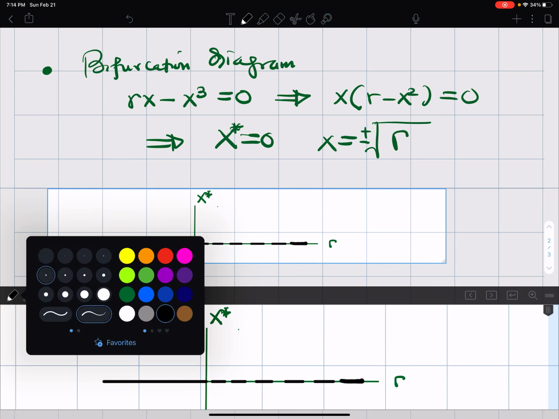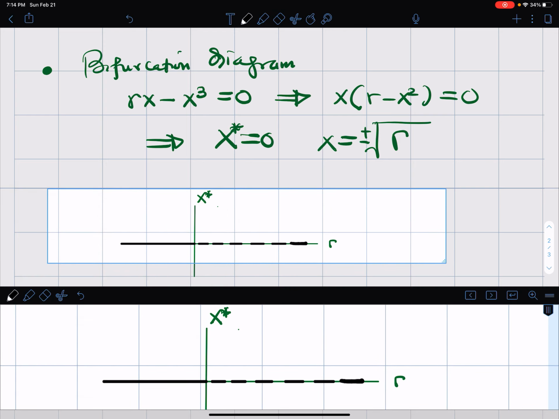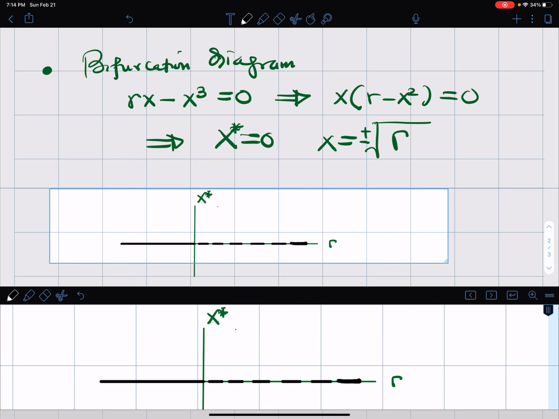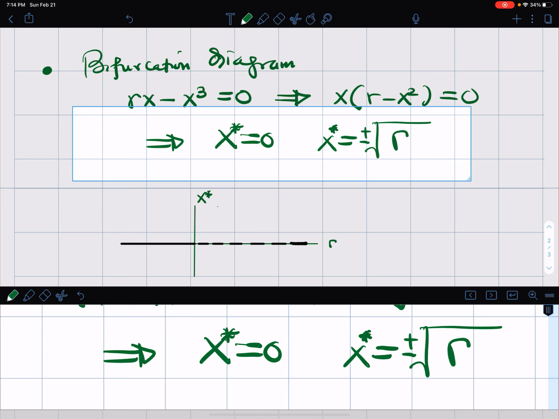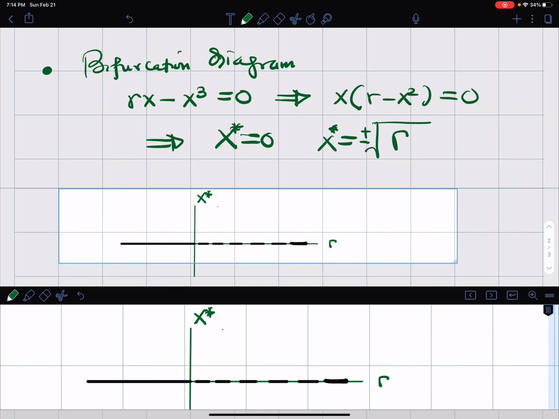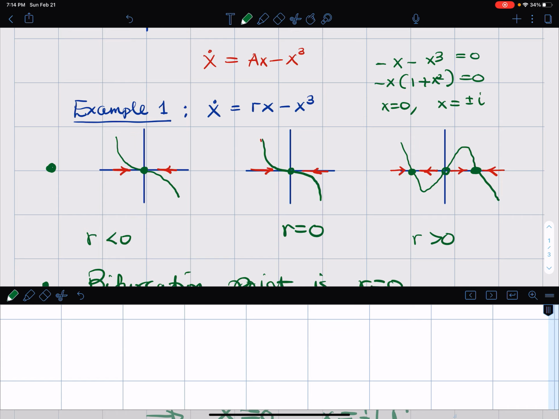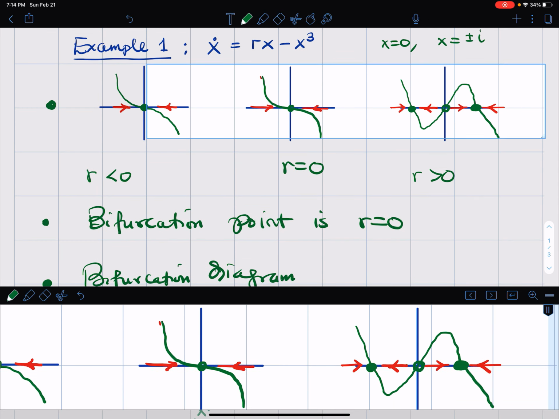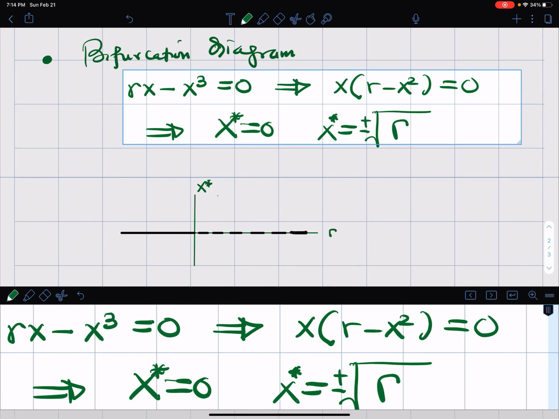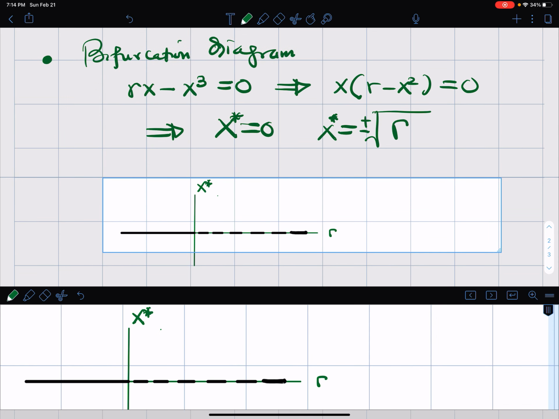Okay, and then what happens? We now get the fixed points x star equals plus or minus square root of r. They emerge, and become stable, once r is greater than 0. They start appearing at r equal to 0.